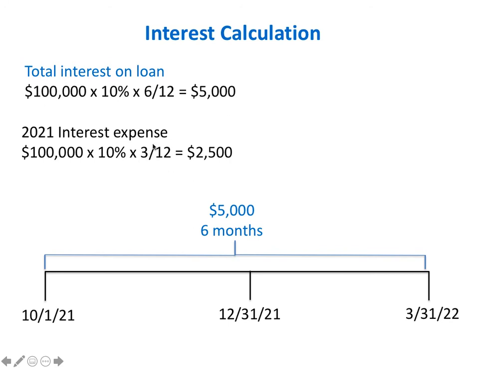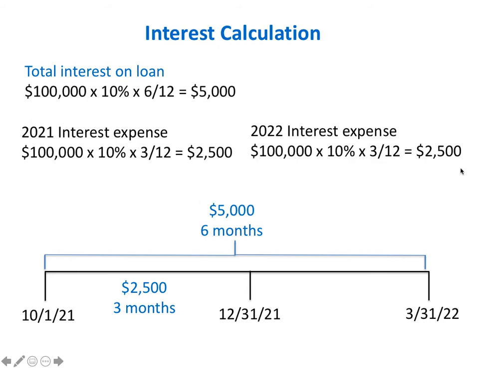So 3 months proration on this interest amount is $2,500. $2,500 will be allocated and accrued in 2021, and the remaining $2,500 of interest will be allocated to 2022.